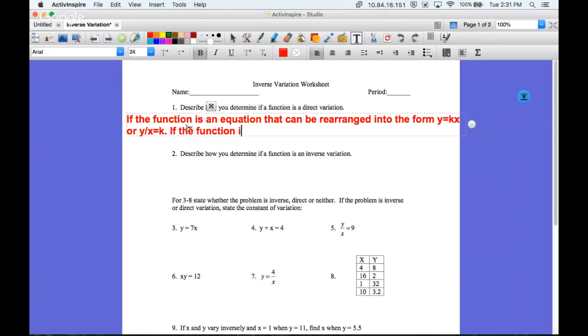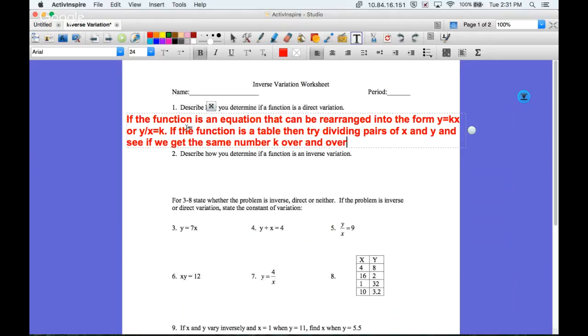If the function is a table, then in direct variation, we should try dividing pairs of x and y and see if we get the same number k over and over.